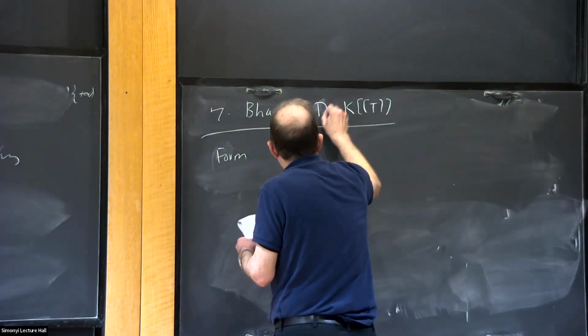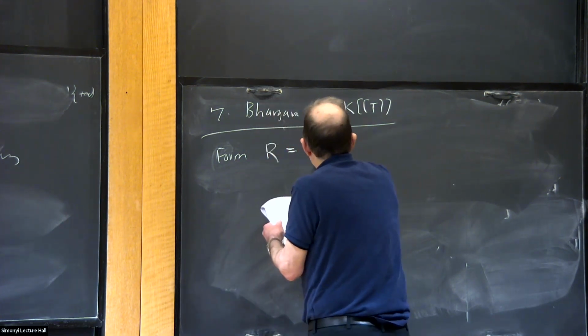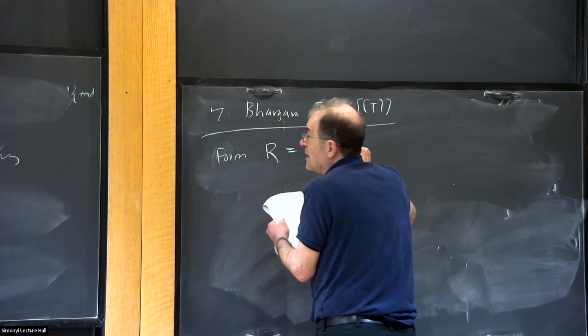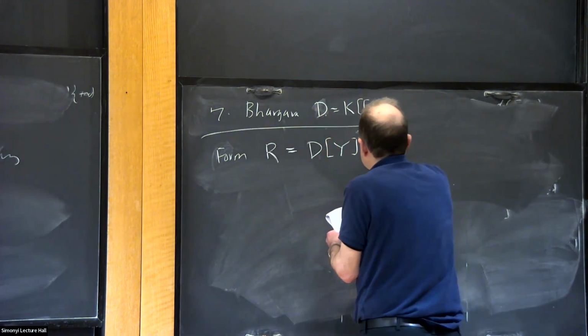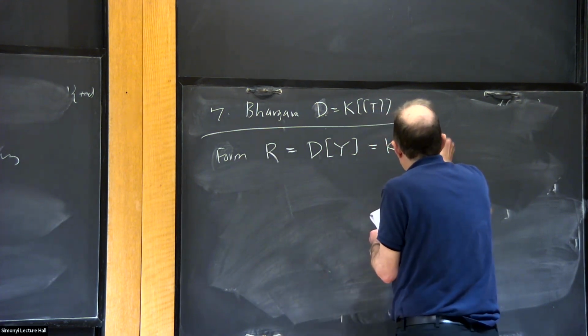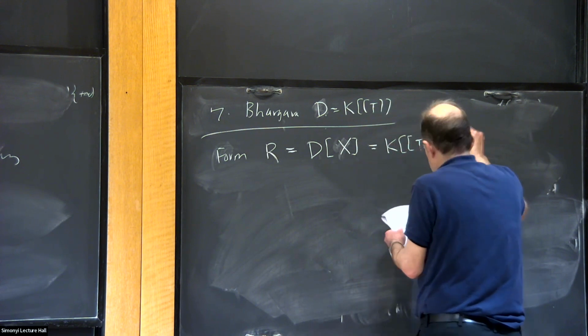So this is a Dedekind ring. I form the ring R, which is D, a polynomial ring in a new indeterminate. So this is K double bracket T. Well, maybe I can use X now. Polynomial ring in X.